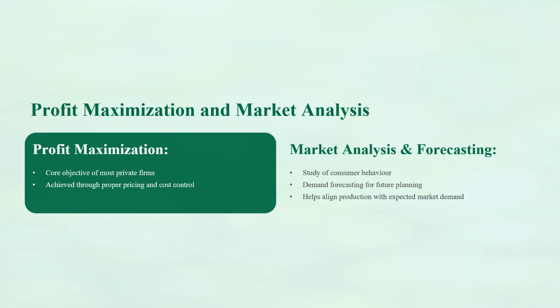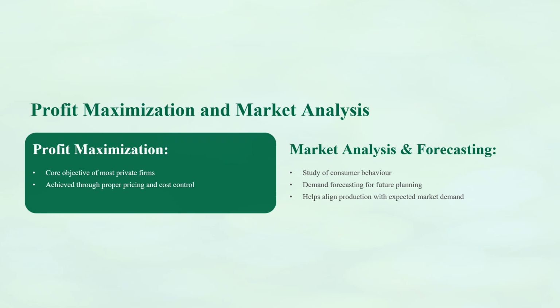In the next point, we have already talked about profit maximization and market analysis in the flow chart, whereas in profit maximization, the manager helps determine optimal pricing and production strategies to achieve maximum profit and ensure long-term objectives, where the manager sees profit as the core objective for most private firms, achieved through proper pricing and control policies. In market analysis and forecasting, the manager analyzes market trends and market structures like a monopoly market or monopolistic market.